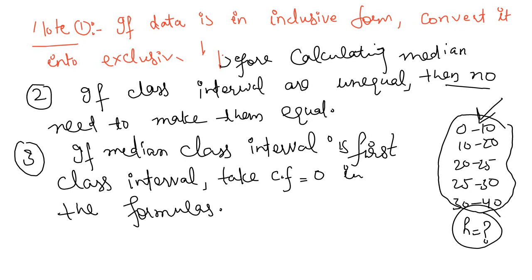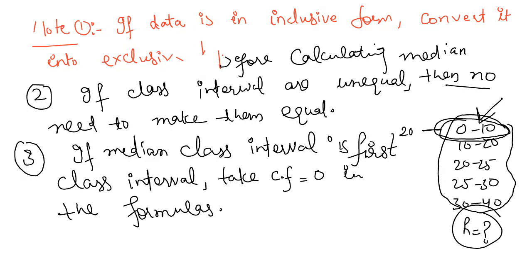The third point is that suppose in some question the first class is your median class. Suppose the data is given as 0 to 10, 10 to 20, 20 to 30, and suppose we get 0 to 10 as the median class. Suppose the cumulative frequency in front of 0 to 10 is 20.